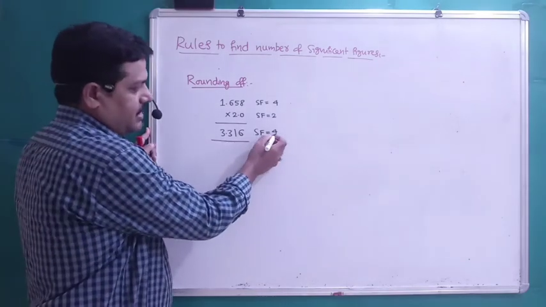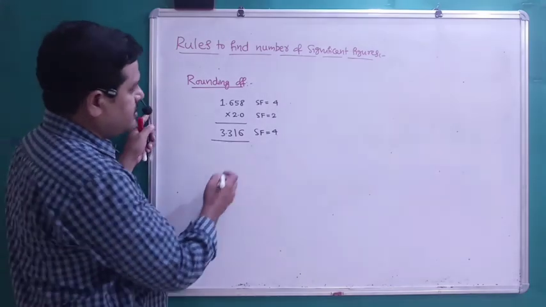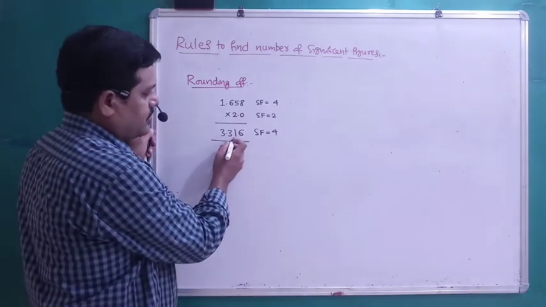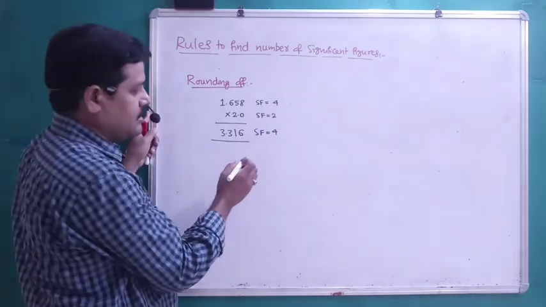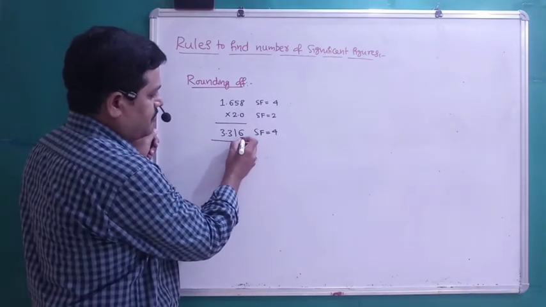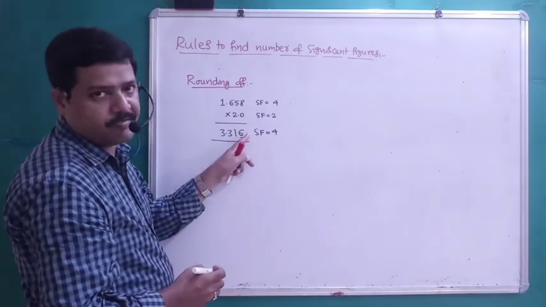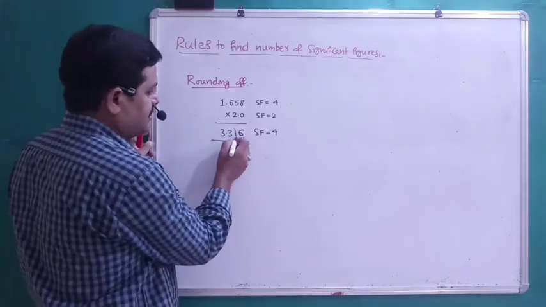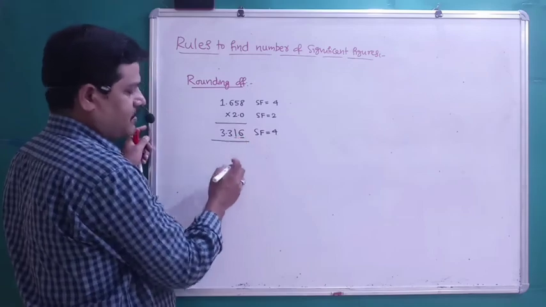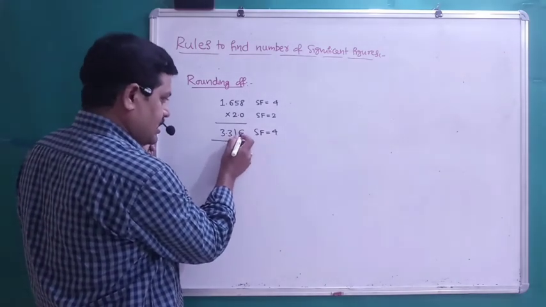But here it has 4 significant figures, so it should be rounded off to 2 significant figures. The rightmost digit to be removed is 6. 6 is greater than 5, then the preceding number should be increased by 1.